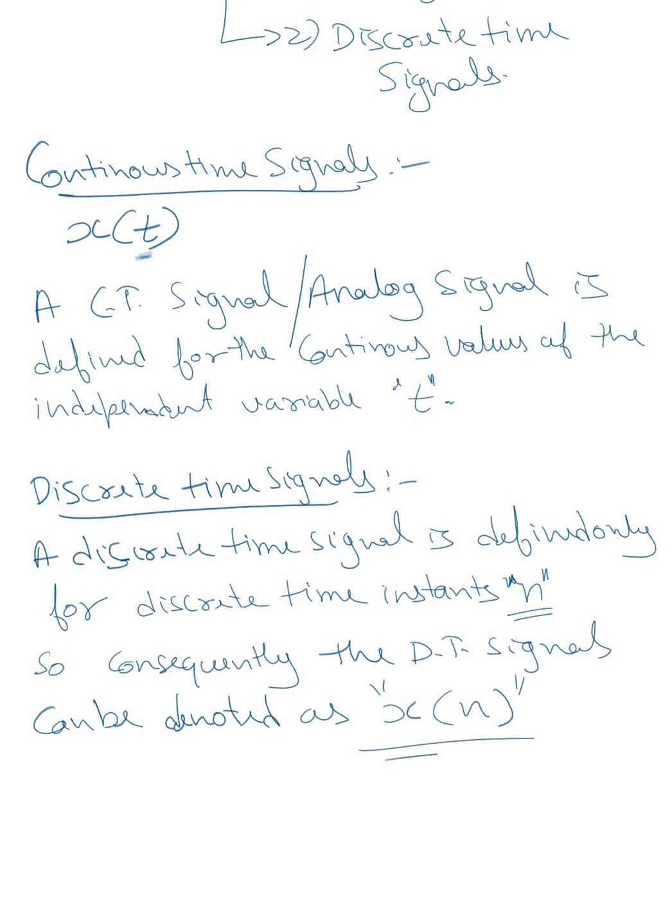This is the conventional notation of a discrete time signal. The independent variable here is discrete in nature and denoted by n. On the other hand, the conventional notation of a continuous time signal is x of t, where the independent variable t is continuous in nature.